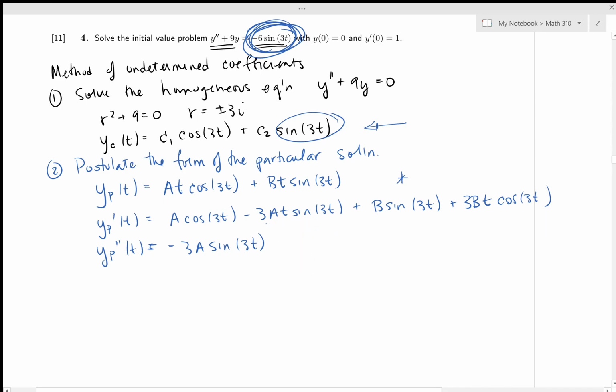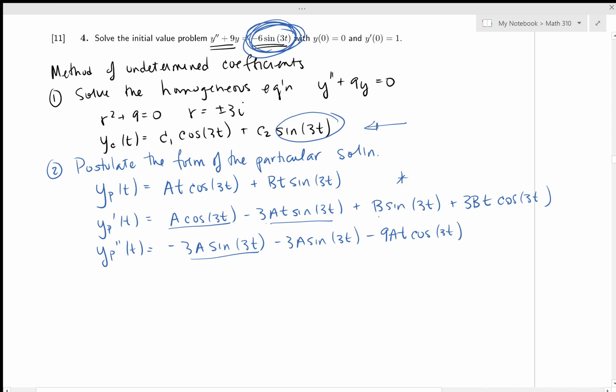I'm taking the derivative of the first term first. Taking the derivative of this, I get this. Now I'm going to take the derivative of this, and I get minus 3A sine 3t, using the product rule, minus 9At cosine 3t.